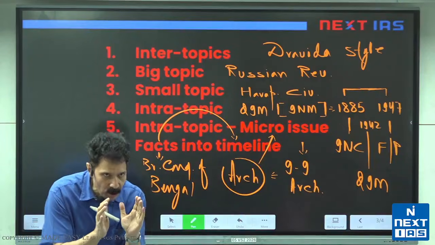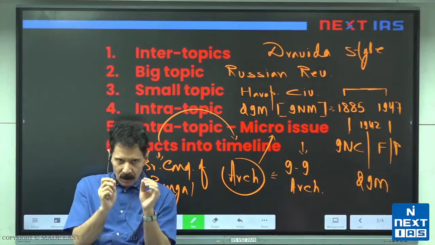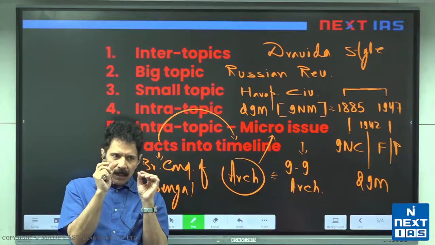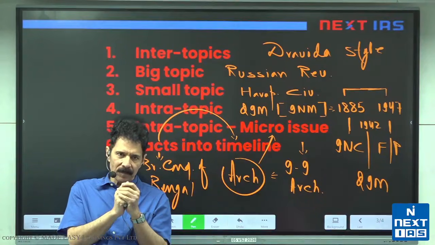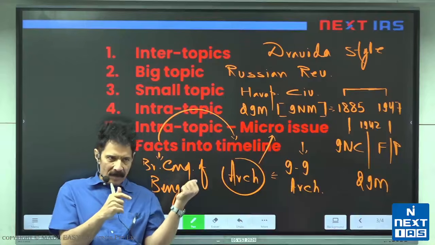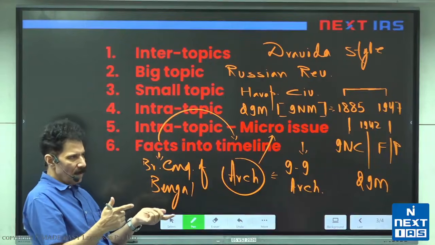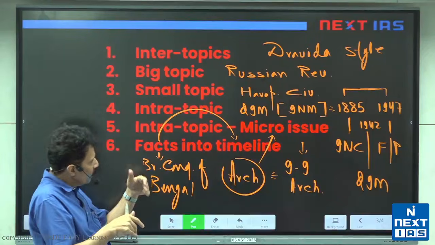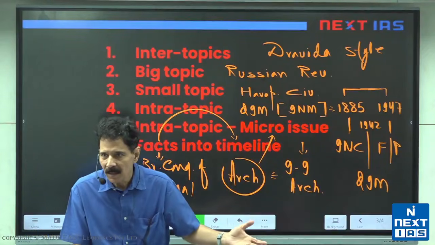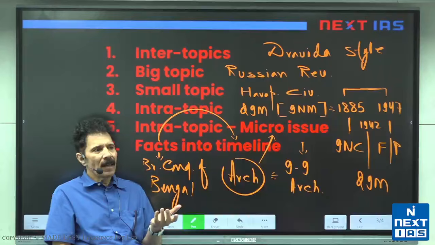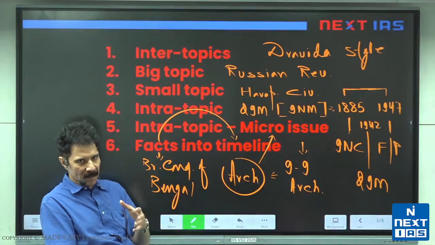Whenever you read any book, notes, anything, try to be particular about the timeline and keep on creating this on your own in your notes. Is it okay? Plus keep on contemplating how you can use them. I have given you the idea.